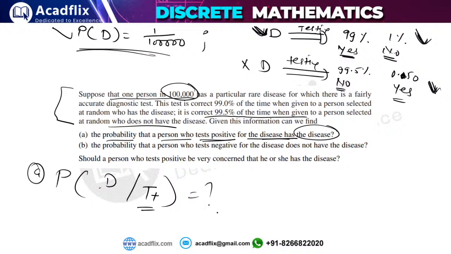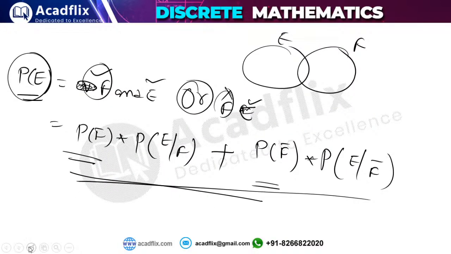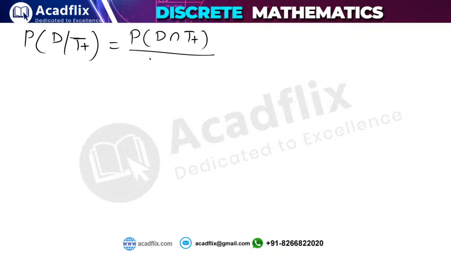Now you can just apply the formula. He is asking the probability of disease given that you have tested positive. T plus means you have tested positive. So again you can apply the conditional probability formula. This will be P(D intersection T plus) divided by the probability of T plus. What is D intersection T plus?